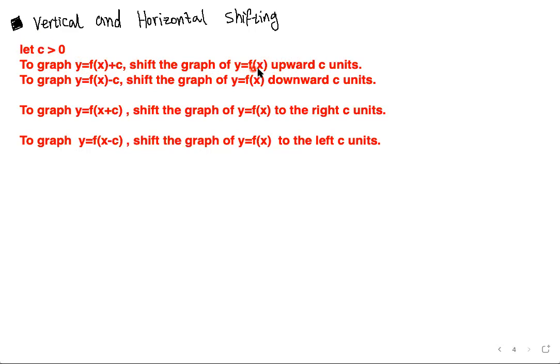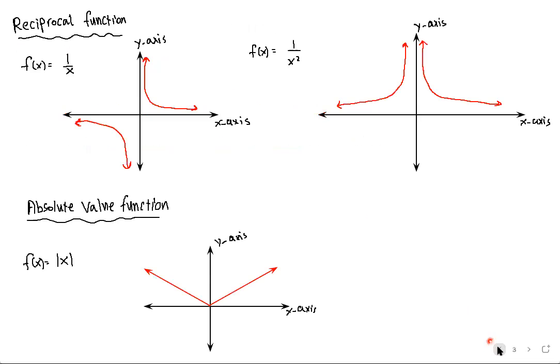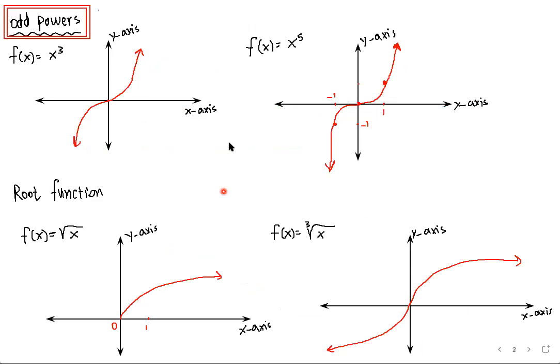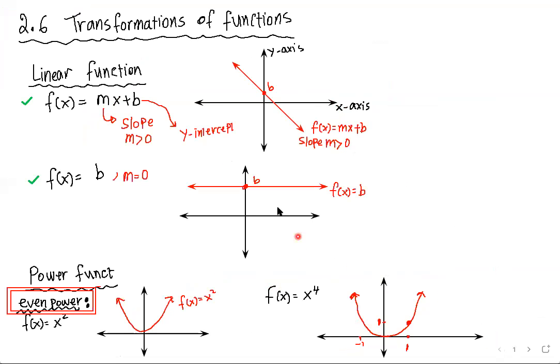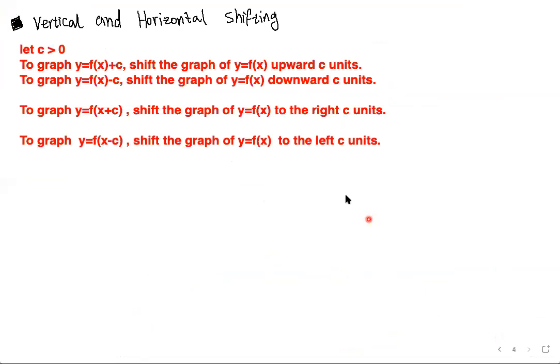What do you mean by the original function? I mean the function we drew before, this or this or this, or the root function or the power function. So we're going to use this function as our original function. Then we have to shift this original function c unit upward if the question asks me to graph the function f of x plus c.